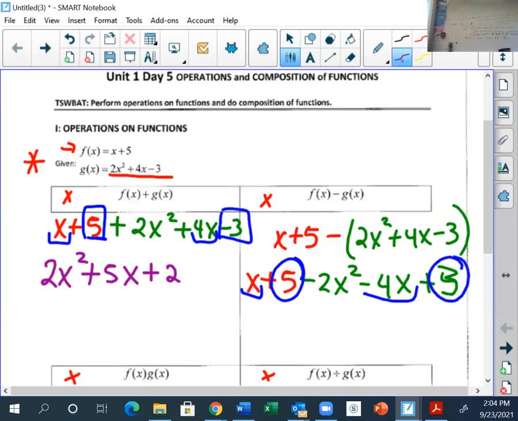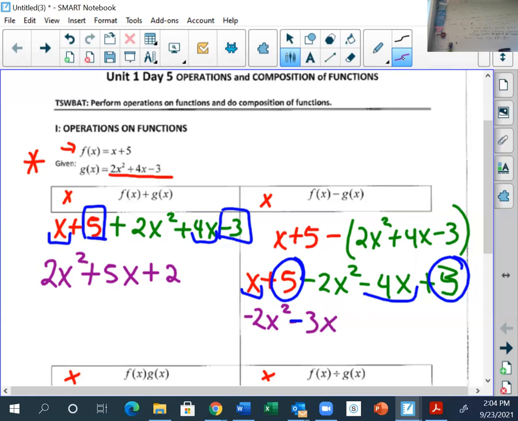So now my solution will be, again, minus 2x squared, which cannot be combined because nothing else is squared. Positive x minus 4x is going to give you minus 3x.